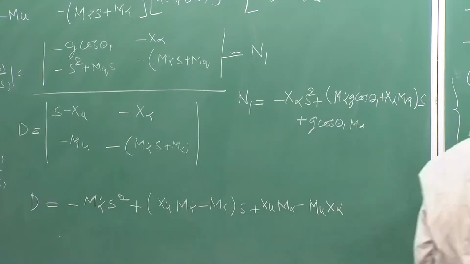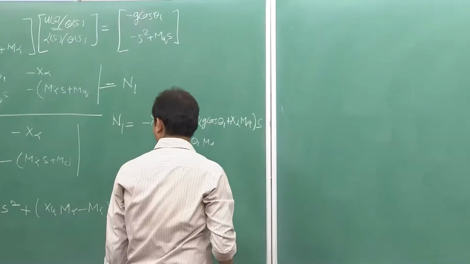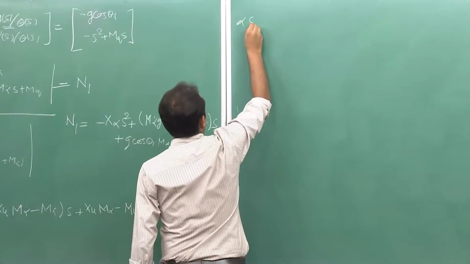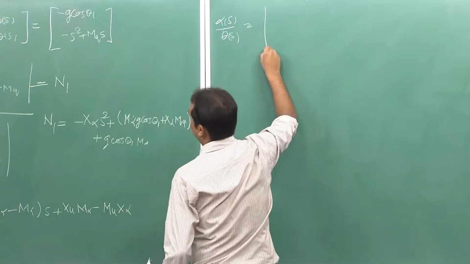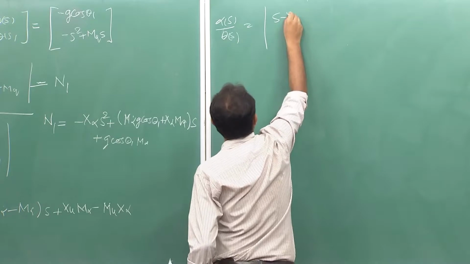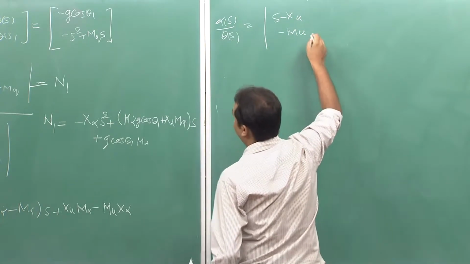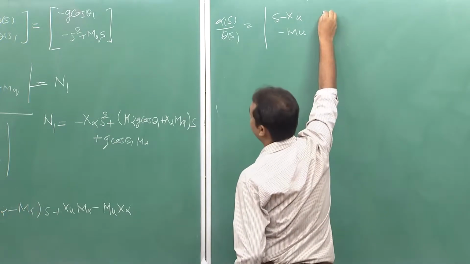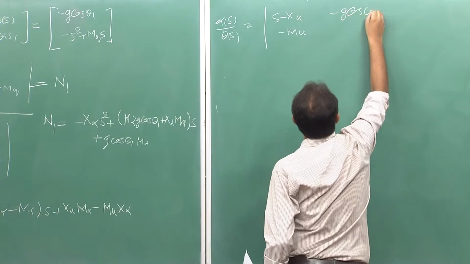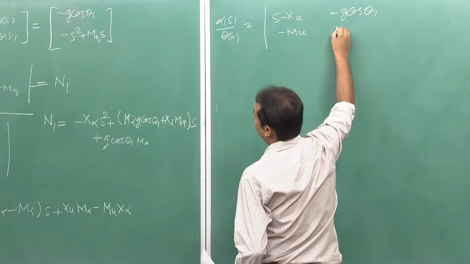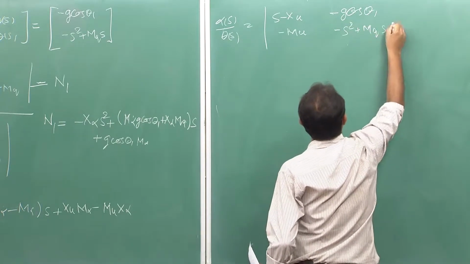Similarly, you can derive the numerator for alpha of s upon theta of s, which will be the determinant of s minus x u, minus m u, and replacing the second column by your matrix minus g cos theta 1 and minus s square plus m q s.